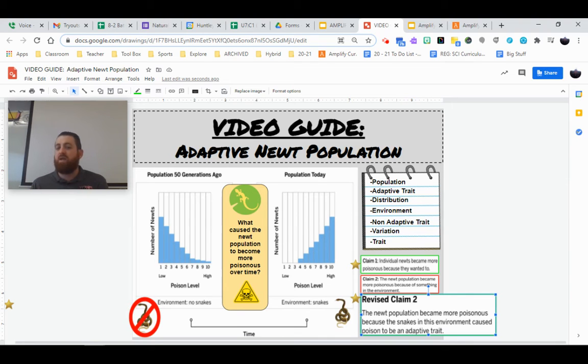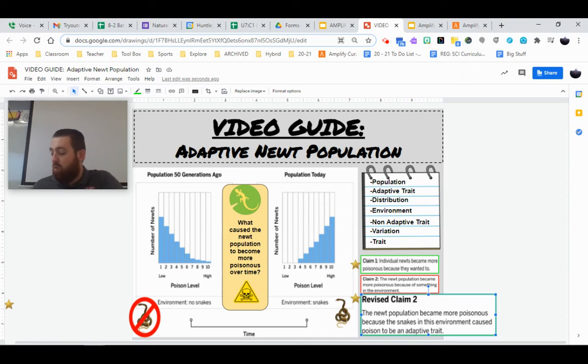How did the snakes create this adaptive trait within our newts? How is that creating this cause and effect relationship between our loss of some variation and the gaining of a new variation in terms of our distribution?